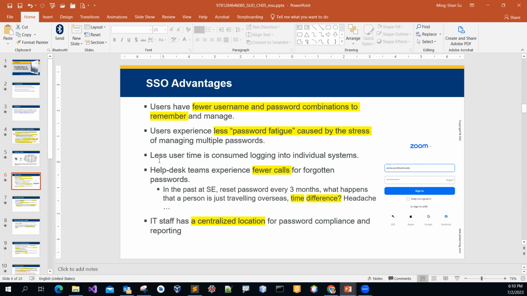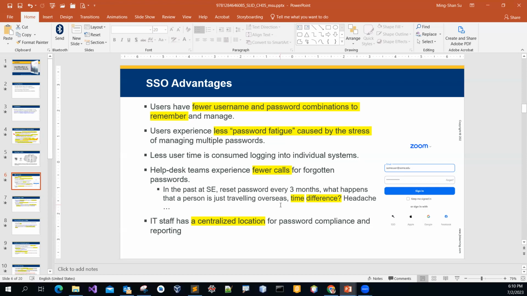All right, and then less user time is consumed logging into individual systems, and help desk teams experience fewer calls for forgotten passwords. So again, in the past, Southeastern reset passwords every 3 months, and then what happens? A person may be traveling overseas.